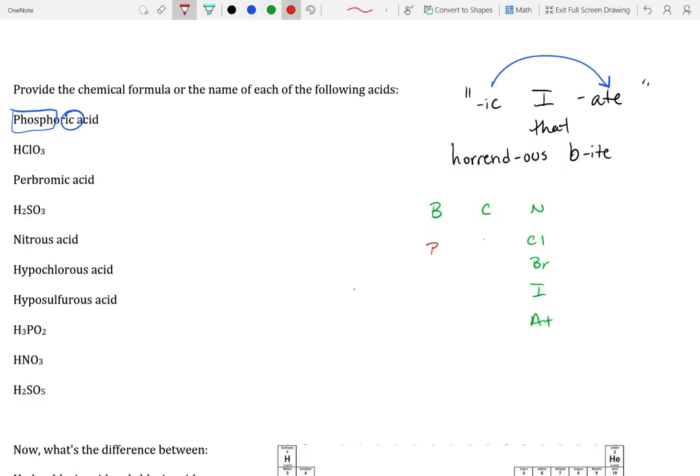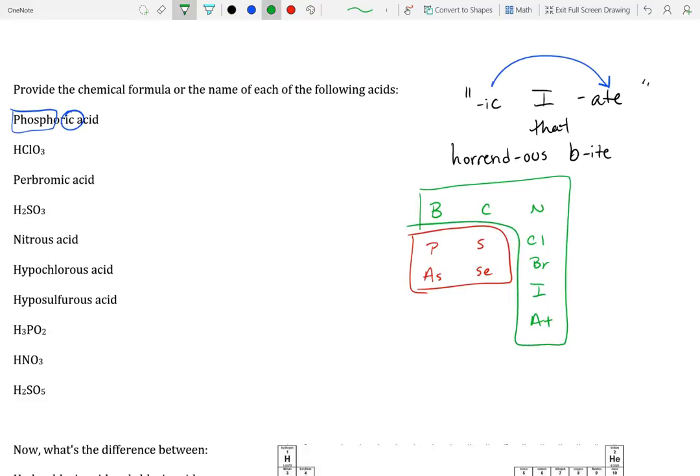So phosphorus, sulfur, arsenic, and selenium. This is a cool little box. They sit by themselves. Let's label this again as -3, -2, -1. And that's going to help us with how many hydrogens we should have.